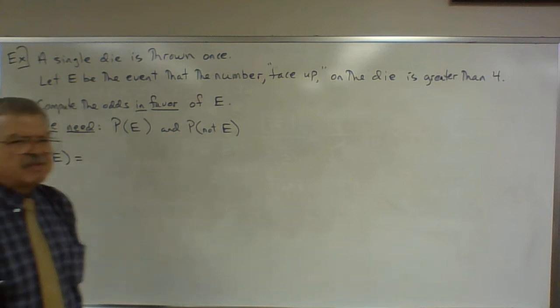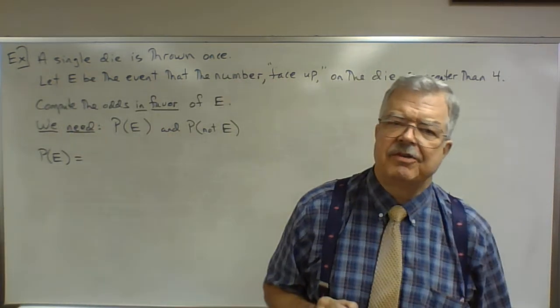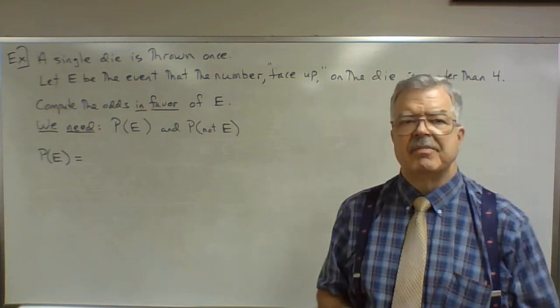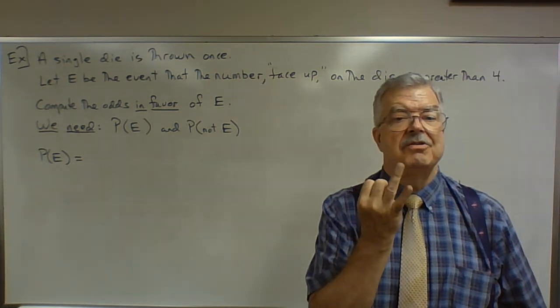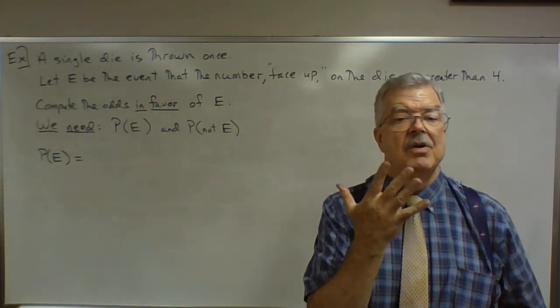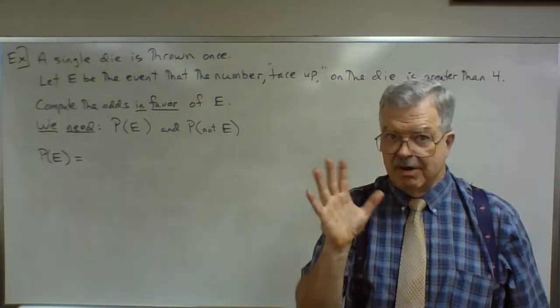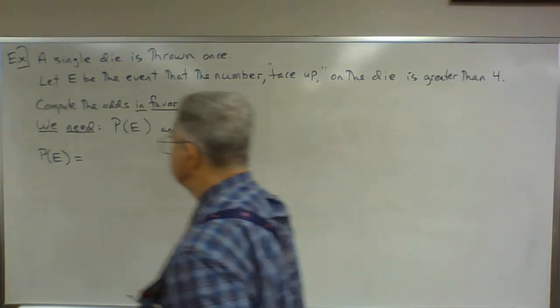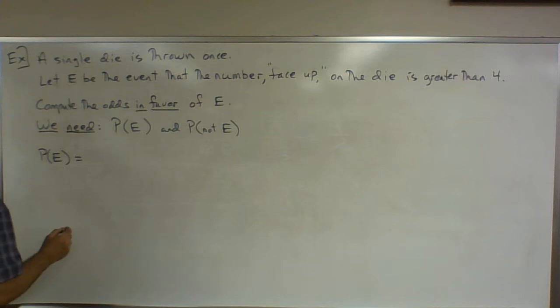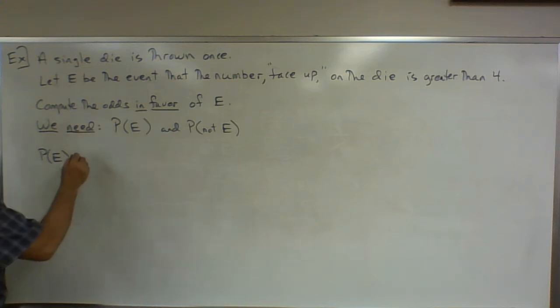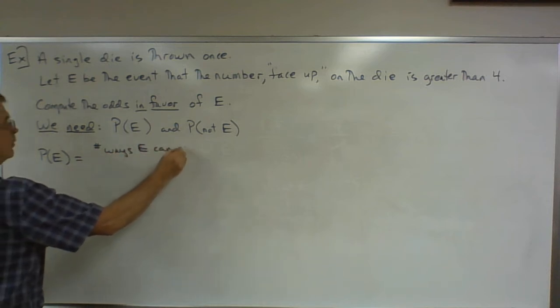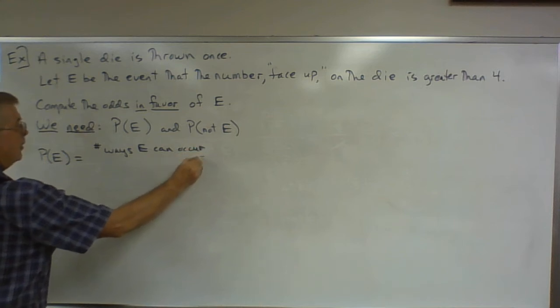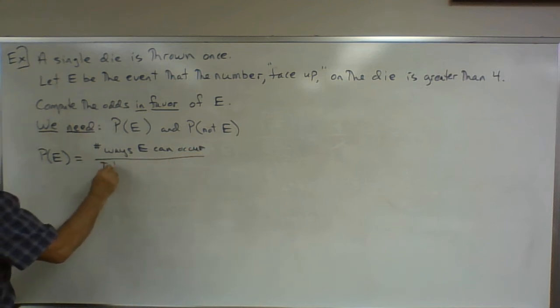And notice, all of the outcomes of this experiment are equally likely. We toss a single die, we can either get a 1, 2, 3, 4, 5, or a 6. They're all equally likely. So the probability that E occurs is the number of ways E can occur over the total number of outcomes.